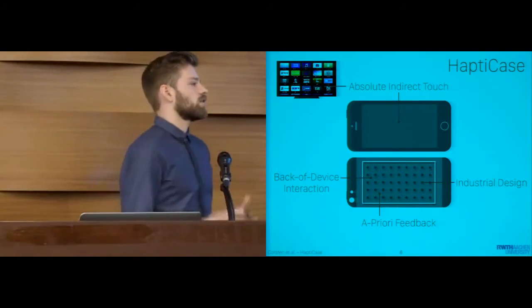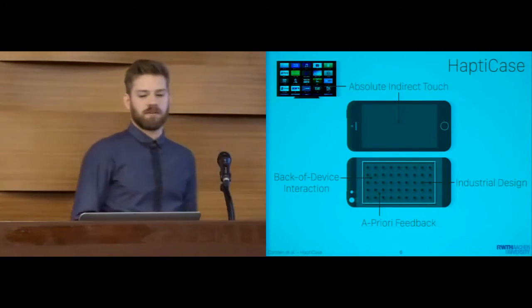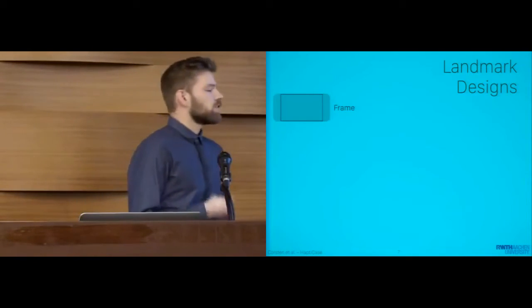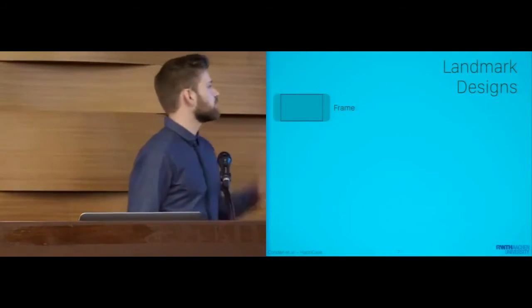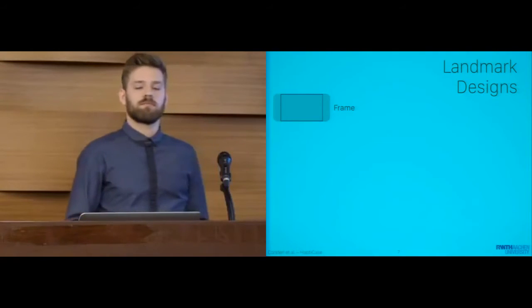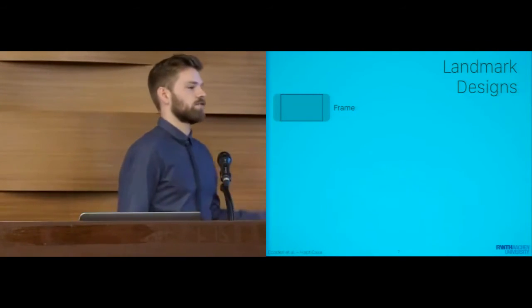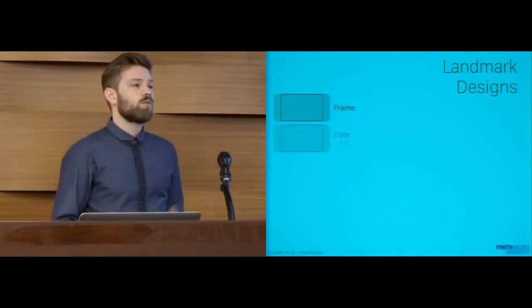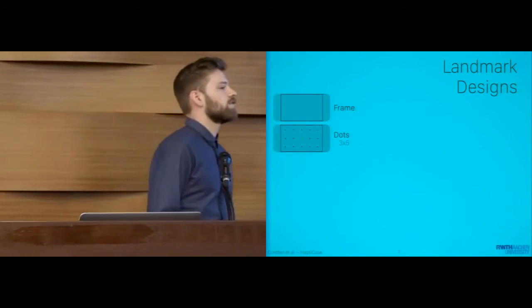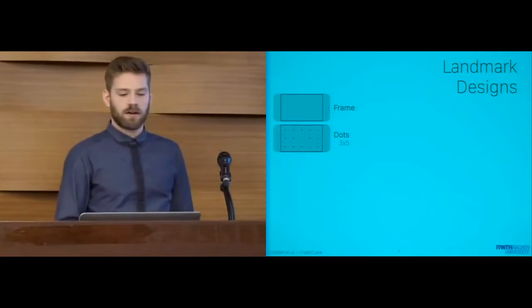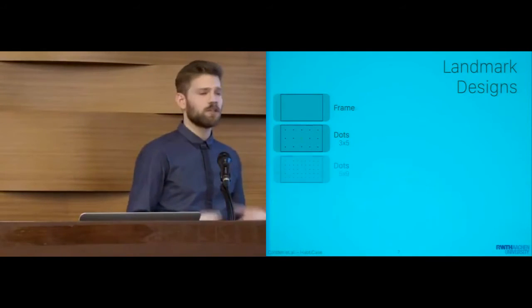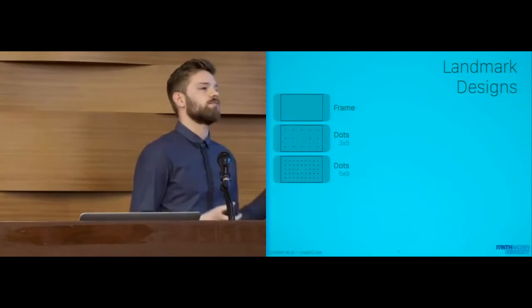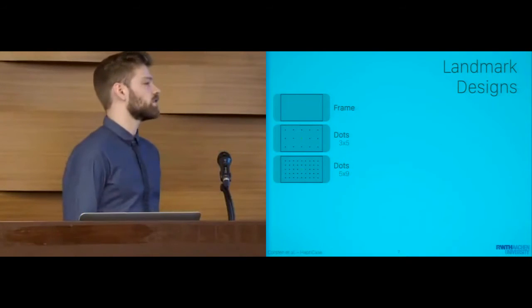So let's have a look at what kind of tactile patterns we actually had in mind for HaptiCase. The simplest idea that you could think of is just a raised frame that has the same aspect ratio, dimension, bounds, and position of the touchscreen that is at the front. Second, we added more tactile landmarks within that frame in the form of dots on a pattern of 3x5 dots. We also increased the resolution by adding more dots in between 2 adjacent dots.